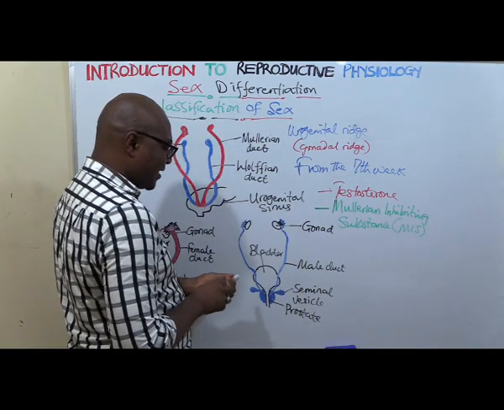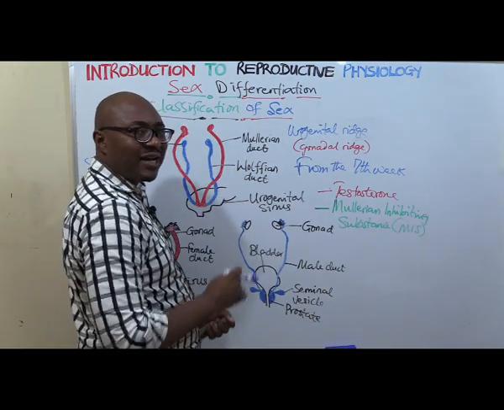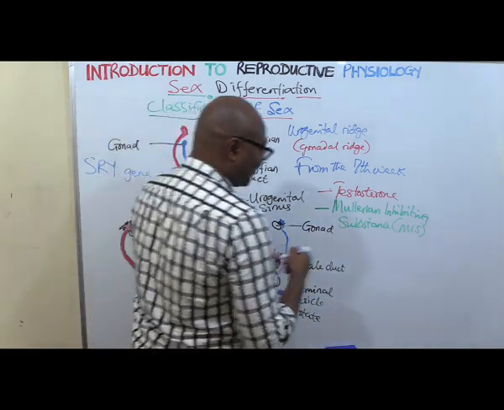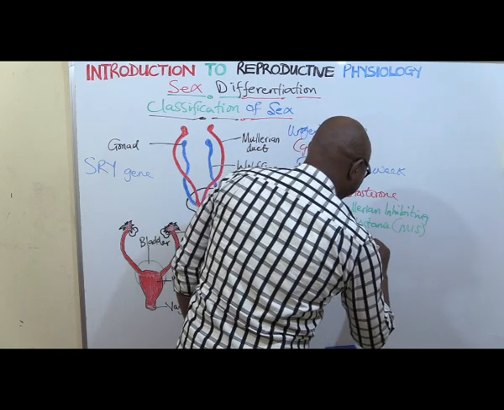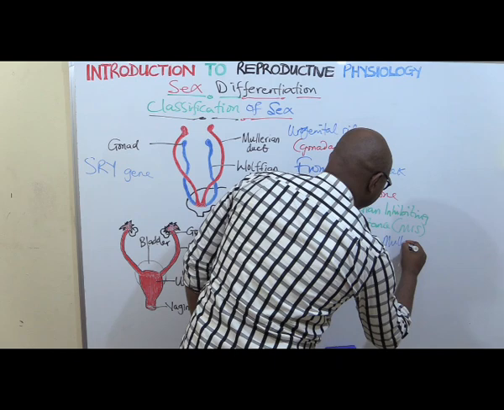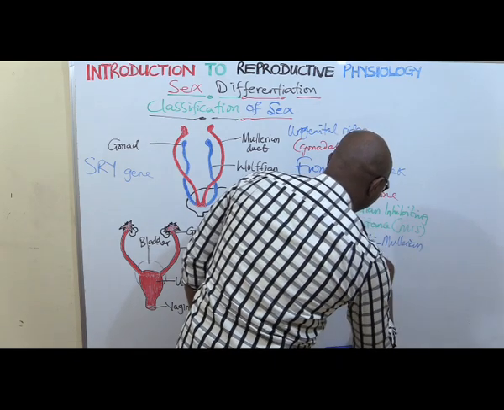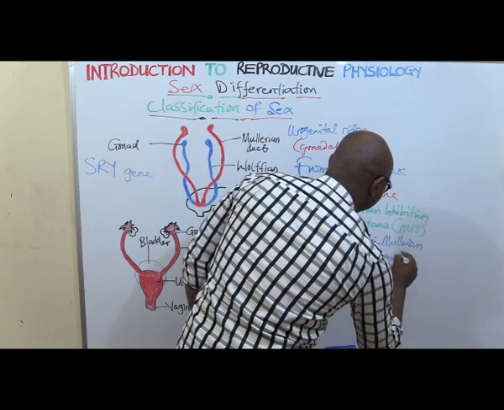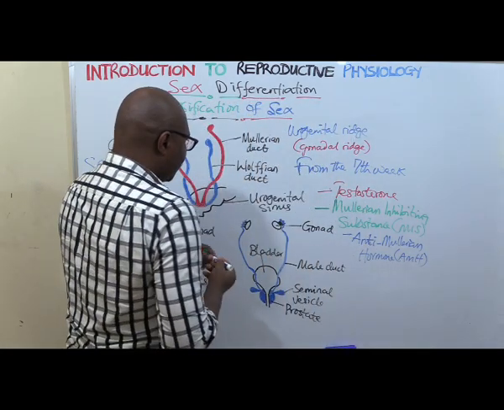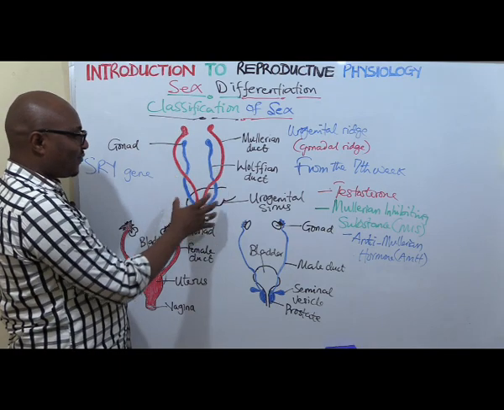It has another name. It's called anti-Mullerian hormone. They mean the same thing, so don't get confused. Okay? Anti-Mullerian hormone, AMH for short.